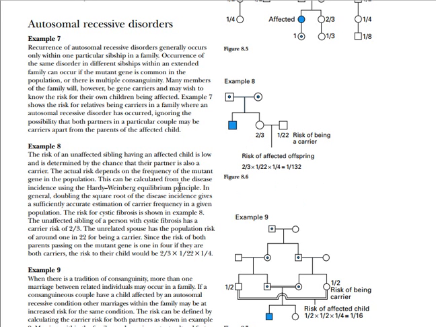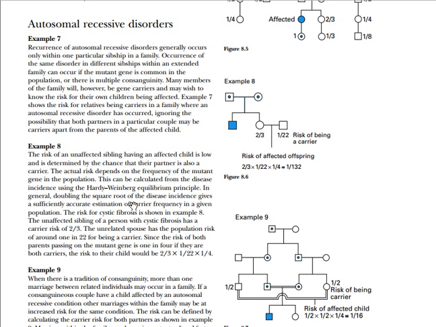Hardy-Weinberg equilibrium principle. And the Hardy-Weinberg equilibrium principle says that for you to have an offspring who is going to be affected, you multiply the risk for the mother to be a carrier by the risk of the father to be a carrier, times the risk of transmitting that autosomal recessive disease.